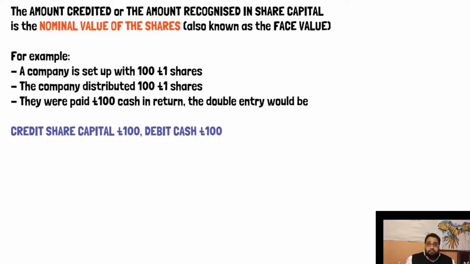And I paid £100, so I paid the nominal value. So the company is receiving cash of £100, so they go debit cash £100, and then they have to credit something of equal value, and in this case they're going to credit the share capital of £100.